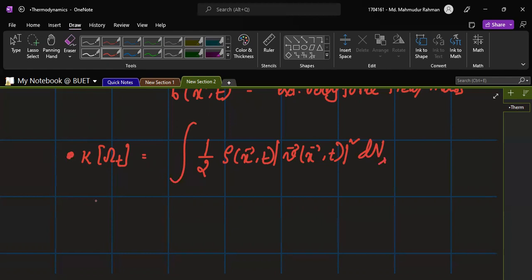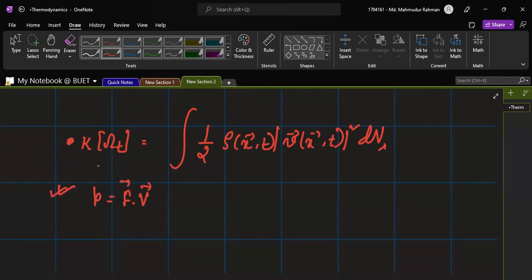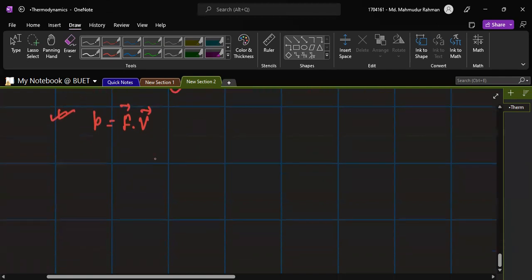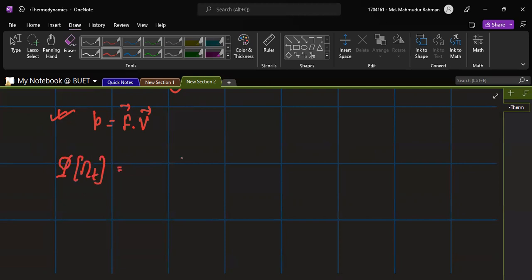Now power, we know that power is force times velocity. This is the power we know from our good old Newtonian days for point particles. But we have continuous mass now, so the expression also gets modified, and we seek to represent it by an integral expression. So power of this open subset will be the force times velocity. But we have force per unit mass.